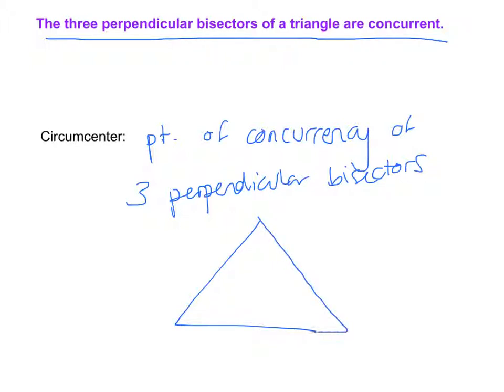We have our triangle, and then a perpendicular bisector going that way, and another one like that, and our third one like that. These are all perpendicular bisectors, and they're concurrent at this single point called the circumcenter.